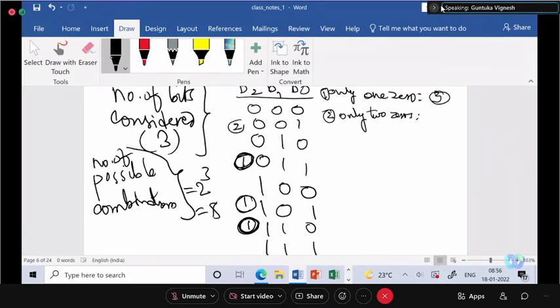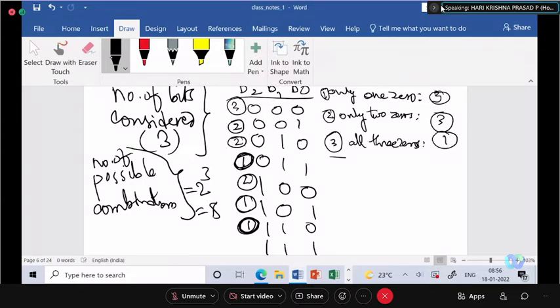I am indicating those combinations by 2, 2, 3. So 3. In how many combinations I have all 3 zeros? This is third combination. Only 1. So there is a combination in which all ones are there. That is 1.